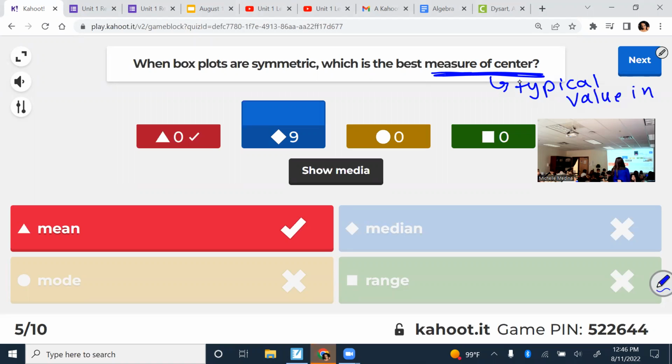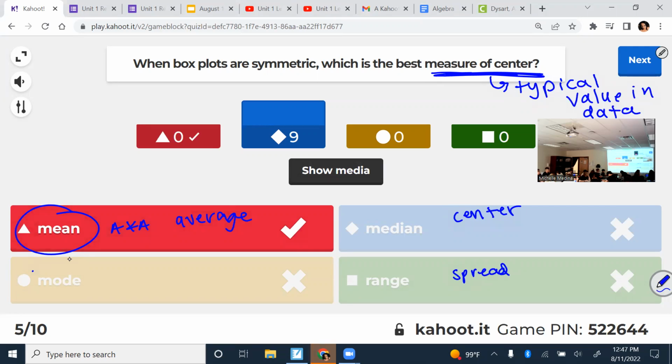Typical values are usually your mean, also known as your average. We'll use those interchangeably. But also a measure of center is literally the center of your data, the median. Mode, I don't really consider a measure of center, so that's neither. Range would be what we call a measure of spread, how spread out your data is. So really you have 2 options, mean or median.